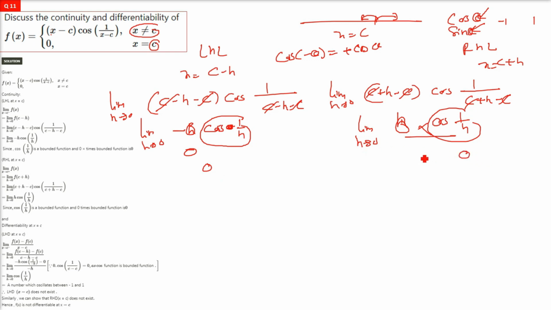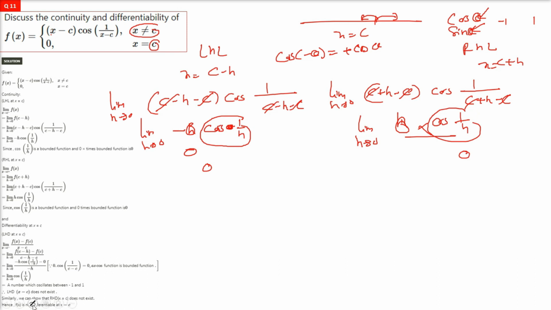So you have a 0 on both the sides because h is already there. Cos 1 by h is a bounded function, that is a separate discussion. But h is already there. So the limit exists. Limit exists or not? Because both sides we get 0.